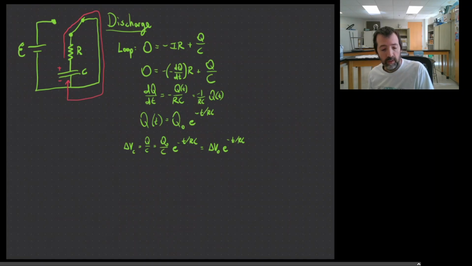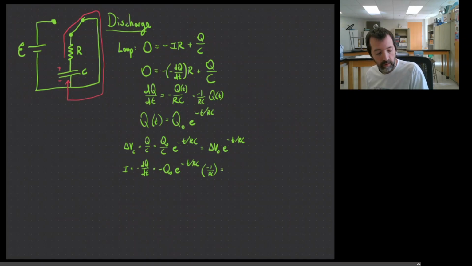If I'm interested in the delta V for the resistor, let me get the current first. Suppose I want to know about the current. I know that current is negative dq dt. I used that earlier. So that means that the current is going to be negative Q naught times e to the negative t over RC. And then I chain rule, which gives me negative 1 over RC.